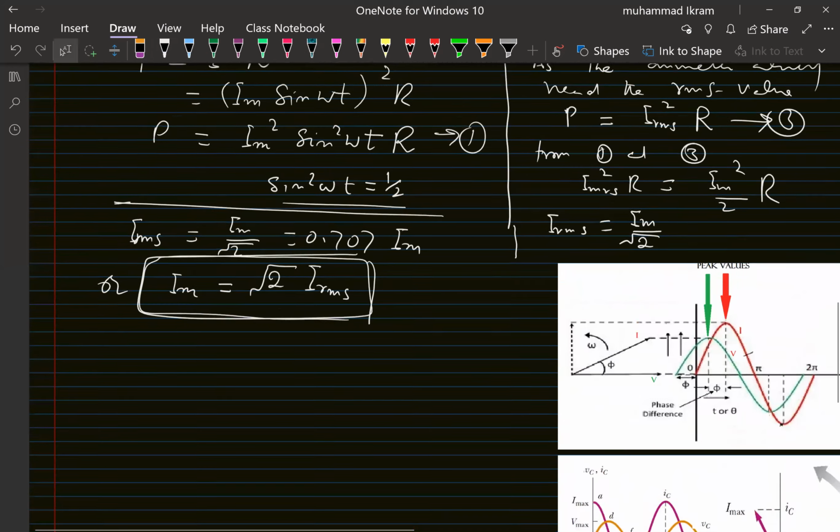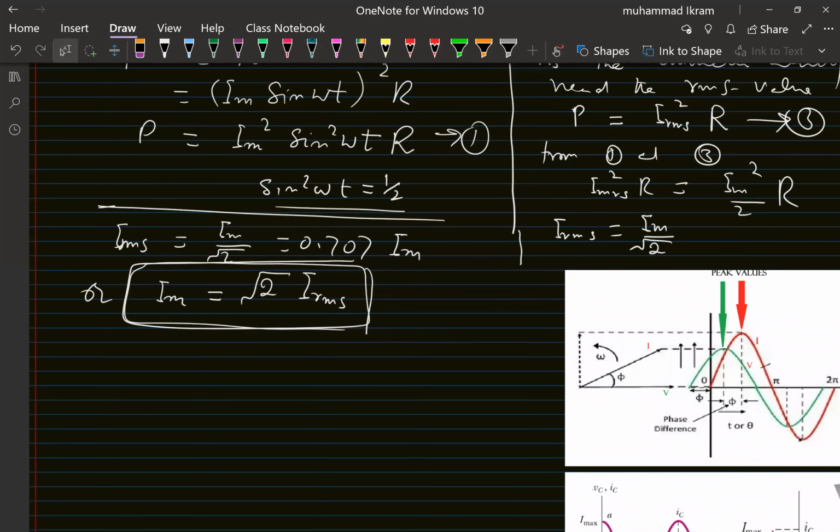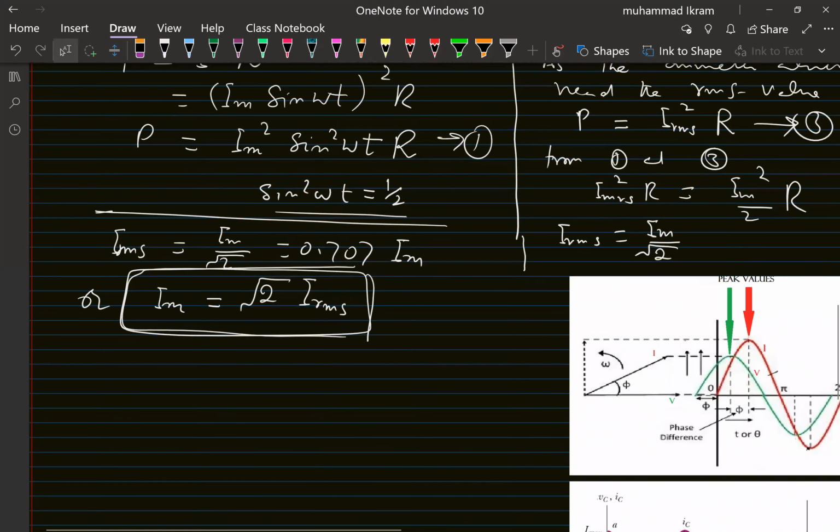That is another quick and easy way of learning it, but remember, in radians. Now for the voltage, Vrms must be equal to Vm divided by root 2. So if you know the RMS values, which your ammeter or voltmeter will give you, you can find the Imax. Once you find the Imax, you can find the instantaneous value at any instant of time.